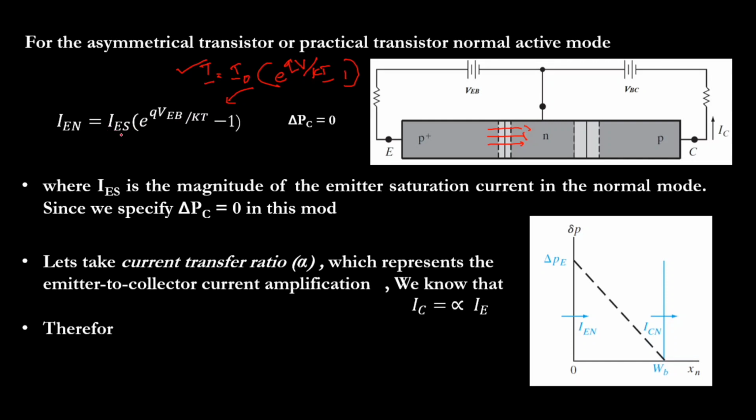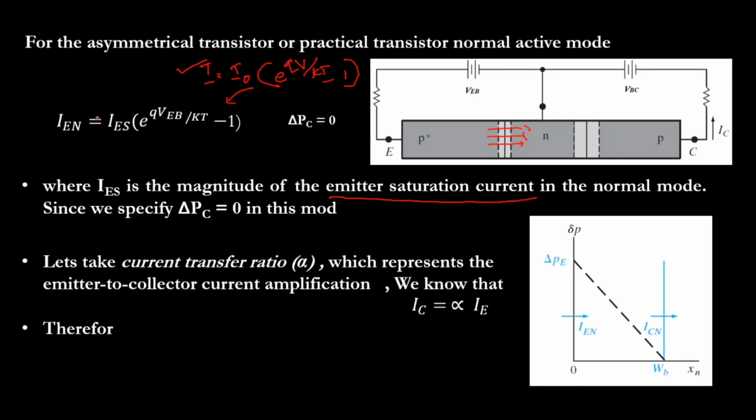IES is nothing but the emitter saturation current in the normal mode, and the voltage is represented as VEB. I am applying the voltage between emitter and base, so that's QV by KT minus 1. This V, especially because we have two sources over here, right? So representing it with VEB.